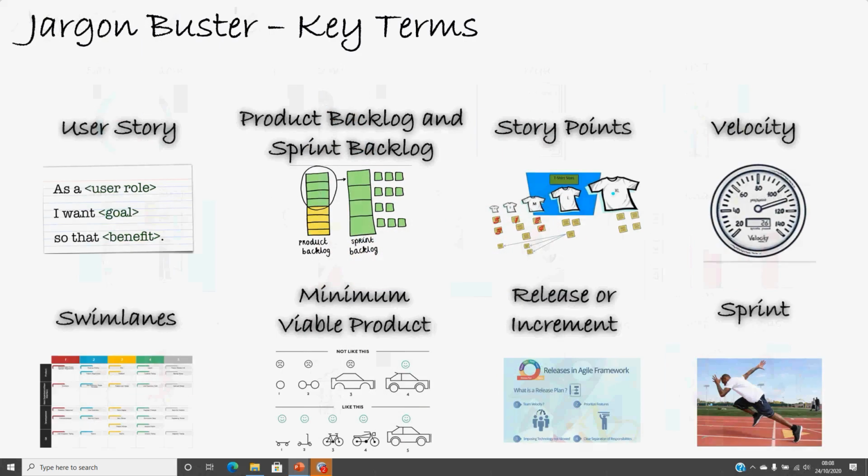Now let's talk about a few terminologies which are used quite frequently in Agile, and people are generally not aware of what each of those terms means. So let's start with something called a user story. User stories are actually features.